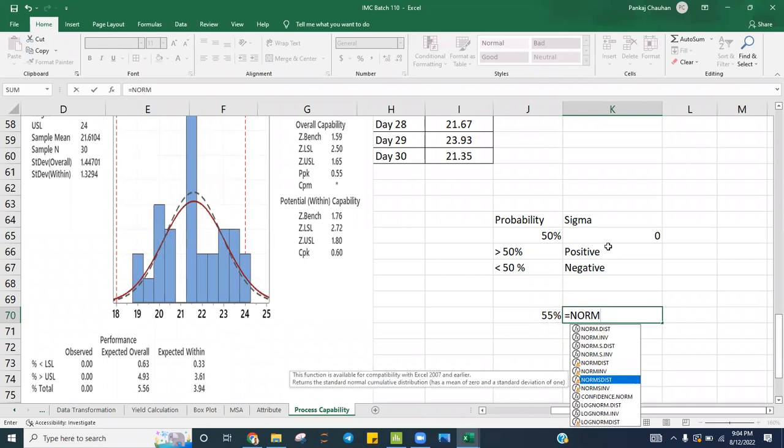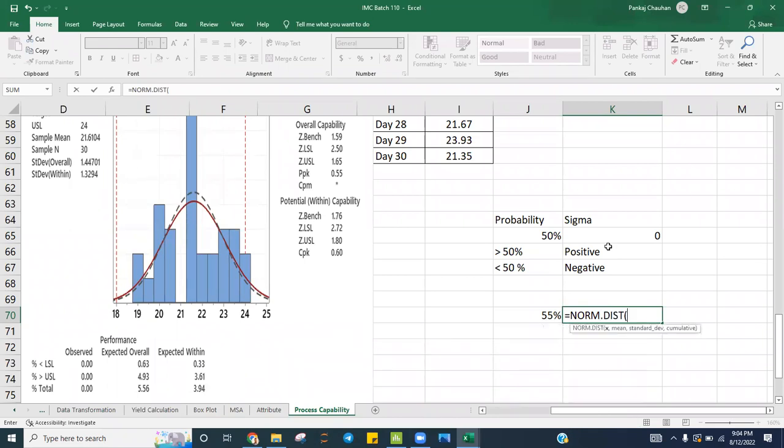We have used Norm S inv. What is the formula? Norm dot dist, I think it should be. Just a minute.